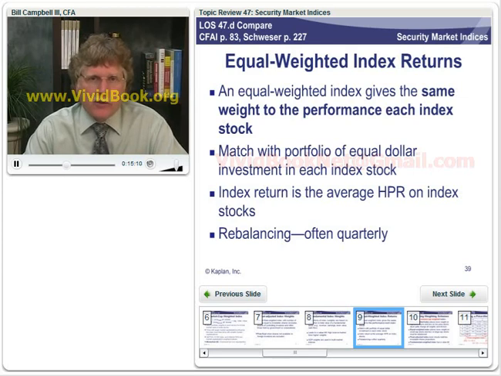The small stocks have the same weight as the medium stocks, which have the same weight as the large stocks, so we just average their holding period returns. It's common when you have equally weighted returns to rebalance quarterly. So quarterly, you may move new stocks in, old stocks out, and so on.